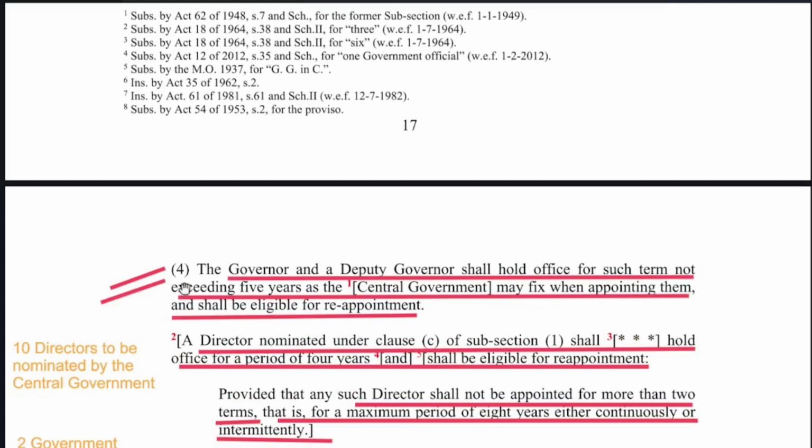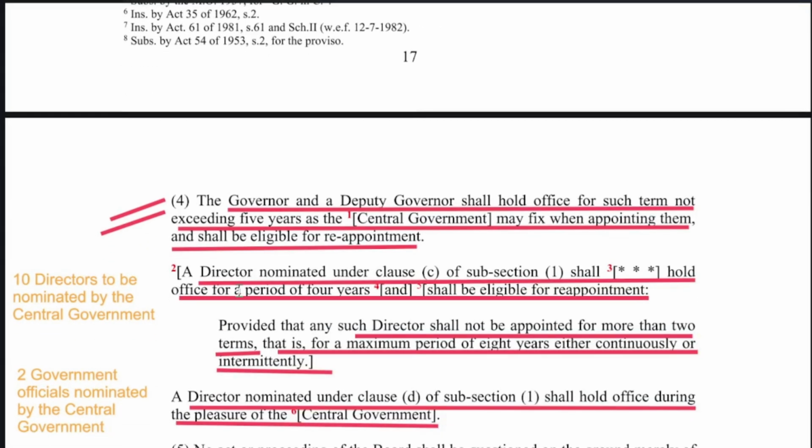Moving further, this is subsection 4, again an important subsection: the governor and the deputy governor shall hold office for such term not exceeding 5 years as the central government may fix when appointing them, and shall be eligible for reappointment. A very common question is what is the tenure of the governor and deputy governor. It is not exceeding 5 years.